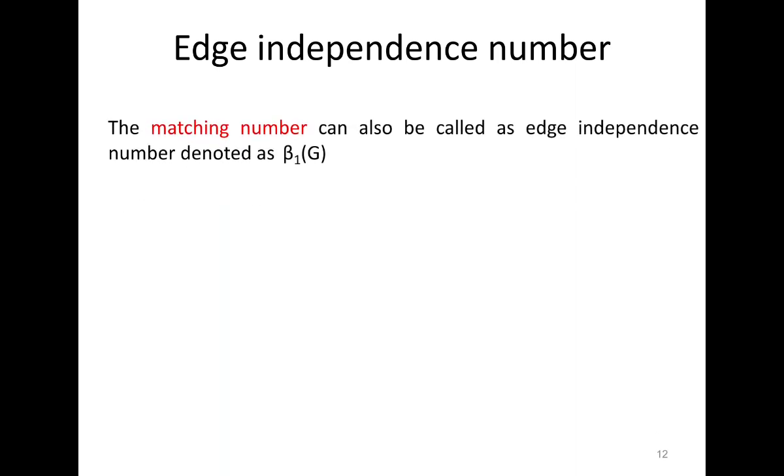So the matching number can also be called the edge independence number, which is denoted as beta 1 G. Quickly try to compute the edge independence number for the cycle graph, complete graph and complete bipartite graph.